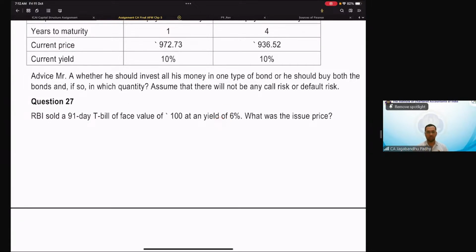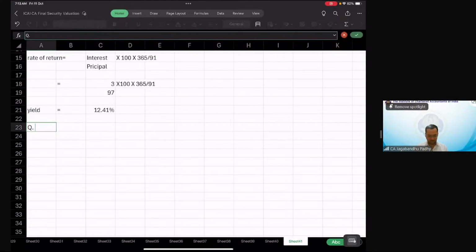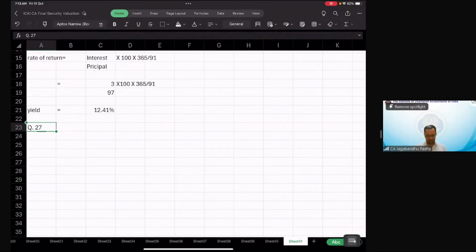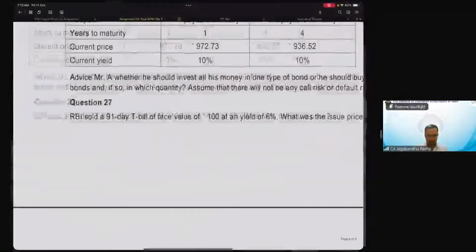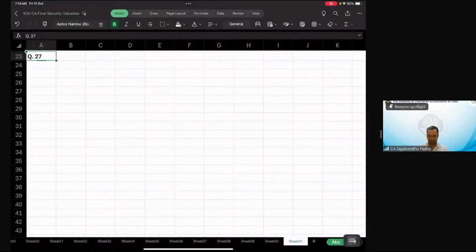Now, here the story is a bit different. We are looking for the calculation of the issue price. So this is our question number 27. Face value is of course 100 and the yield is 6%. So what will be the issue price?